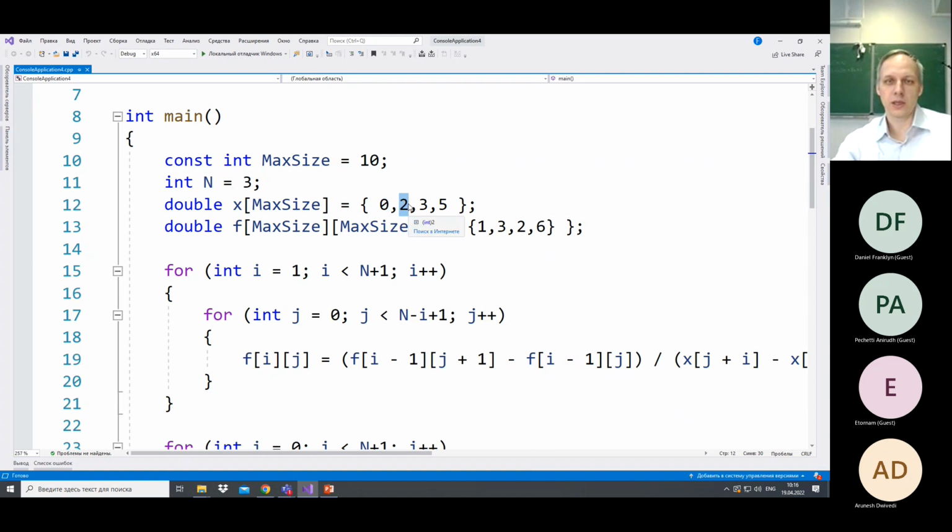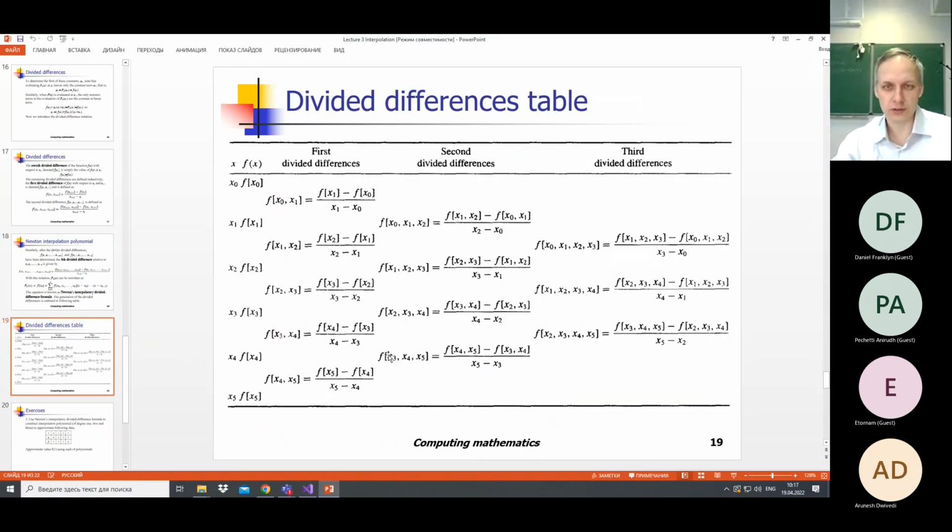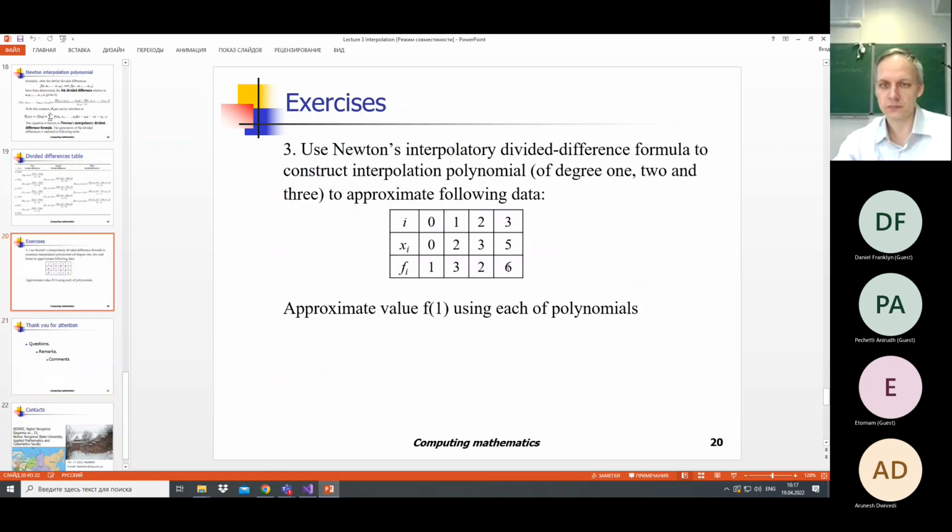And actually I have 4 points here: x0, x1, x2, and x3, and 4 values, 1, 3, 2, and 6. These values correspond to this table.